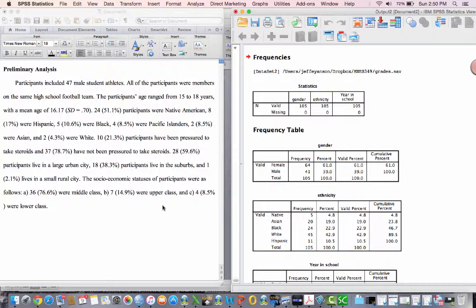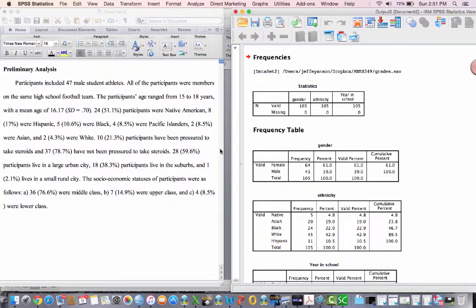Preliminary analysis is the reporting of what the participants actually believe, their opinions on certain areas, or their demographic makeup, such as age, gender, socioeconomic status, what state they live in, age ranges, or any other idea that you need for your paper.